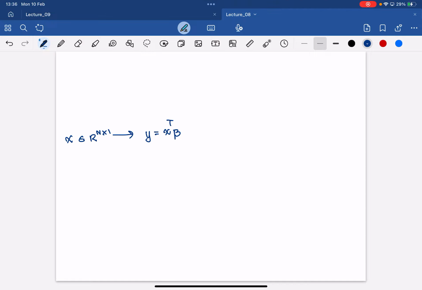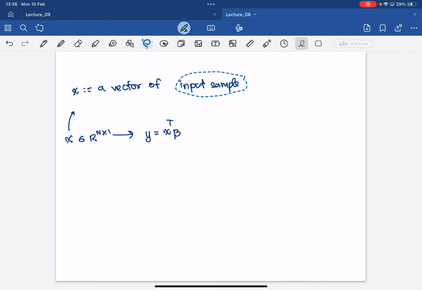Let's say in this case x is a vector of n input samples. Maybe an input vector, that's better, sorry.